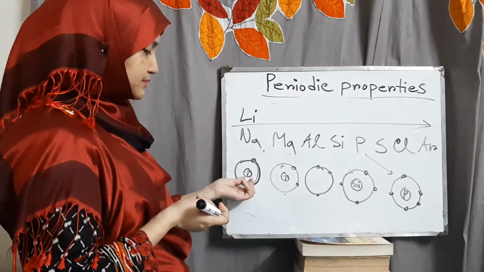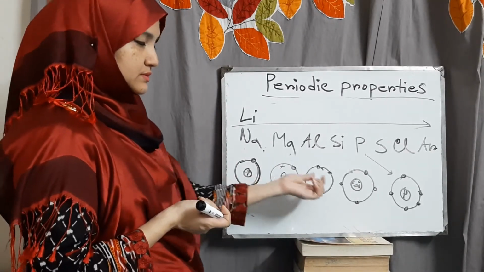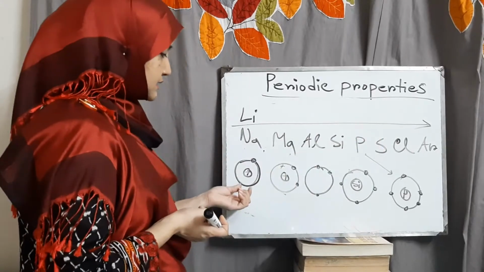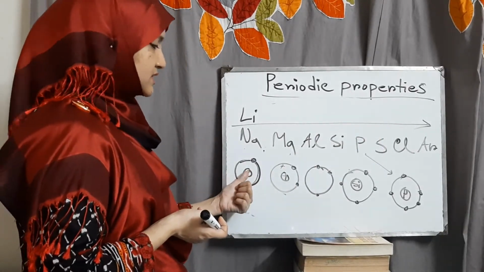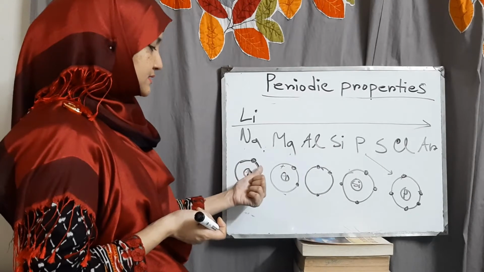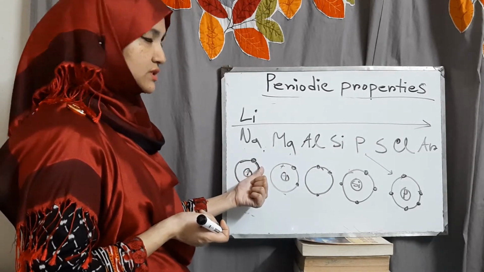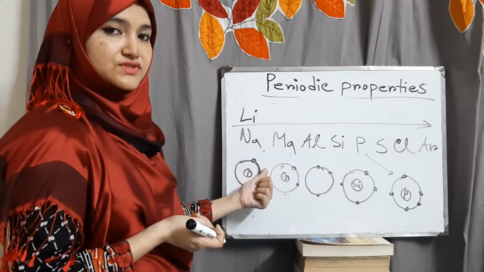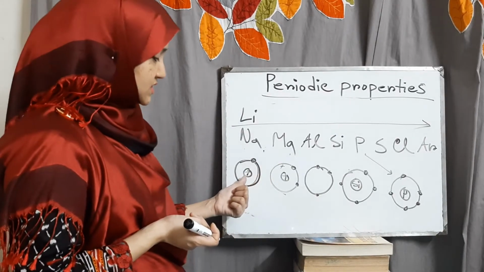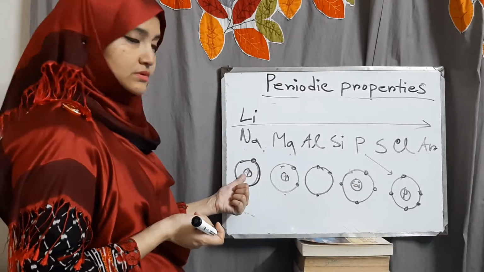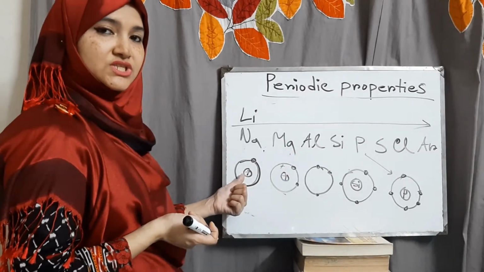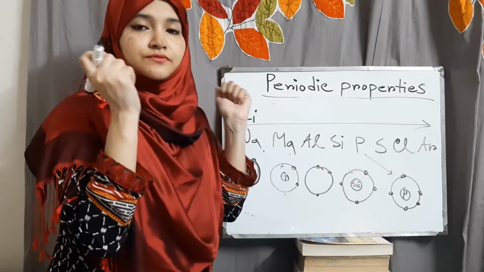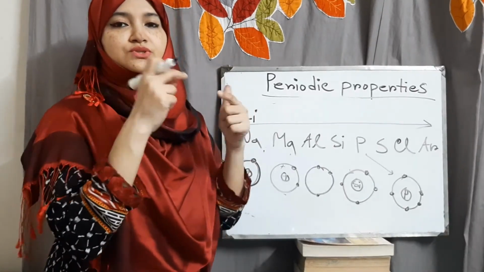As the atomic number increases moving from left to right, the nuclear charge increases, and the number of electrons in the outermost shell also increases. Electrons have negative charge, and as the value of negative charge and the value of nuclear charge increase, they feel more force between them.